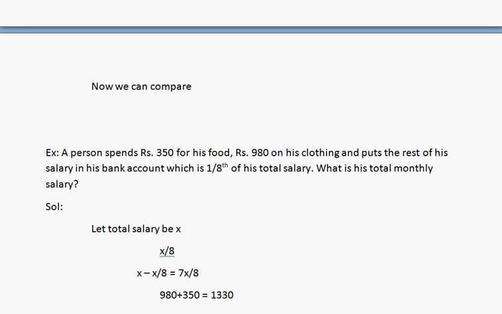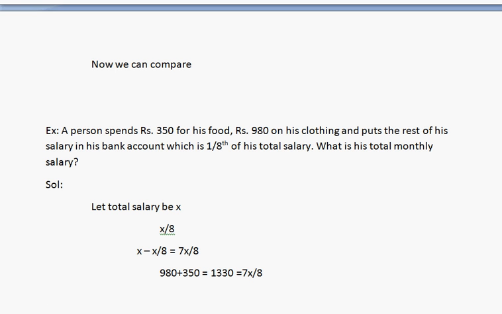So he spent this much, and this is equal to 7x by 8. So can we find x? Yes, we can. So it becomes x is equal to 1330 multiplied by 8, this whole divided by 7, right?